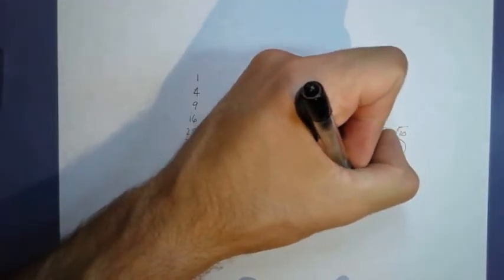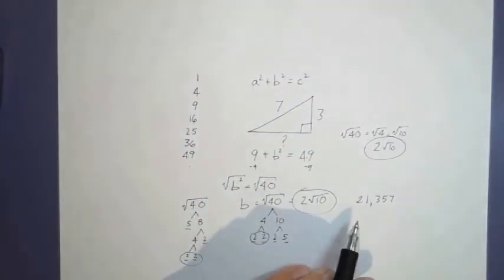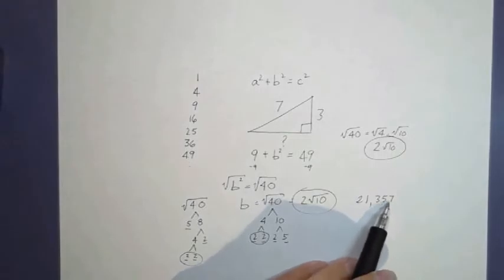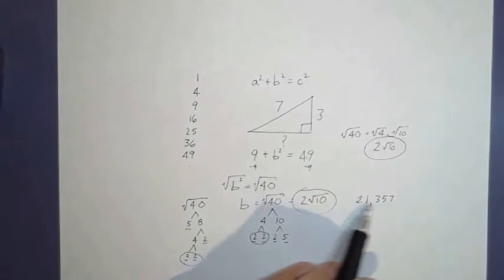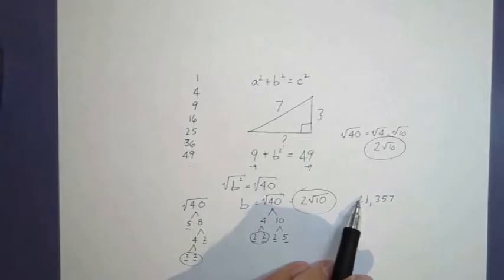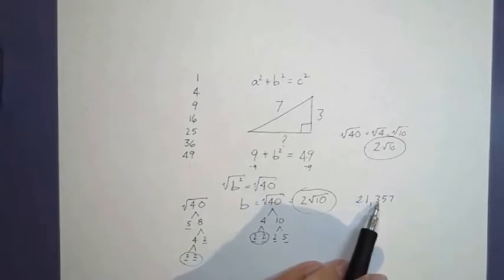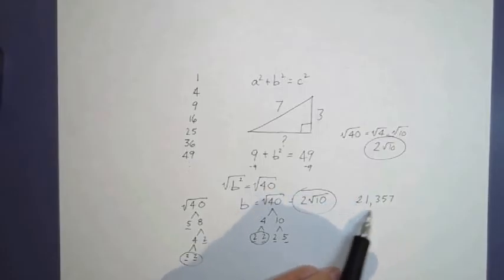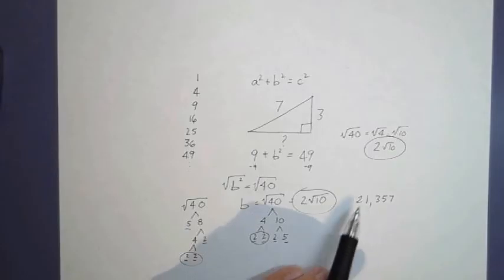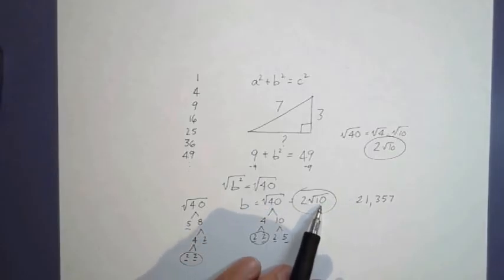But if I put a 2 on here, 21,357, does 3 go into that? I can even look at it. The 2 and the 1 makes a 3. There's a 3, and 5 and 7 makes 12. 3 goes into that. So 3 will go evenly into this number. That's a very useful way of seeing if 3 goes into a number. 5 will go into a number if it ends in a 0 or a 5.